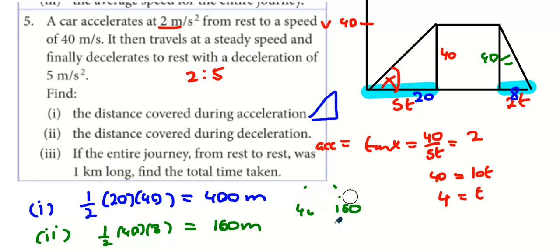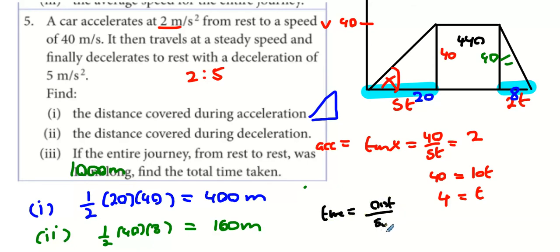Now, if the entire journey was a kilometre long, what does that mean about the rest of it here? This will be 1,000 meters. So how many meters are left over? 440. So 440 belongs to the middle section, where you are traveling at constant velocity. So time equals distance divided by speed.